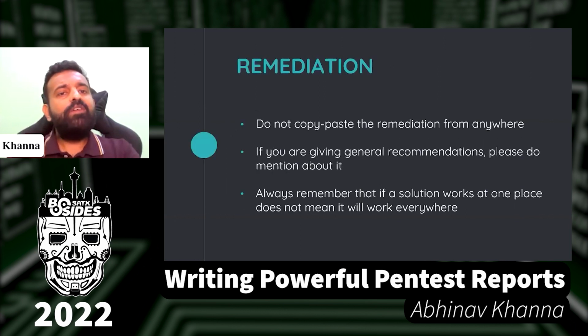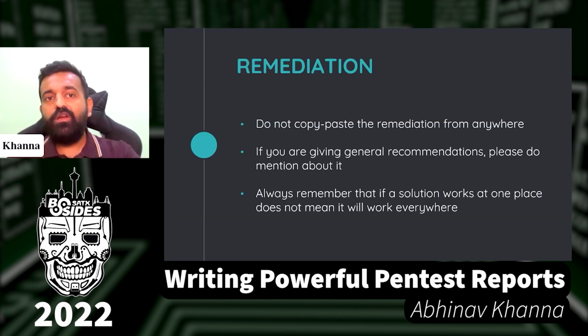Now, let's move ahead and discuss what needs to be there in the remediation. The first part is again what I mentioned in description and impact, that do not copy paste remediation from anywhere. If you're copying the remediation from online resources, the dev team might come back to you and say that, hey, we have implemented these fixes, but the vulnerability is still open.